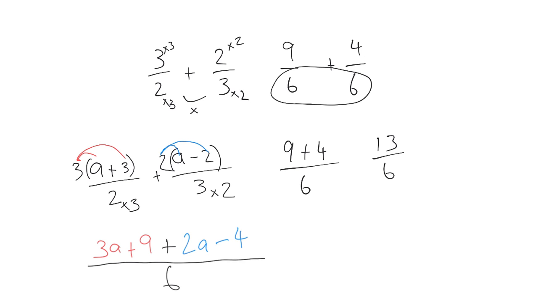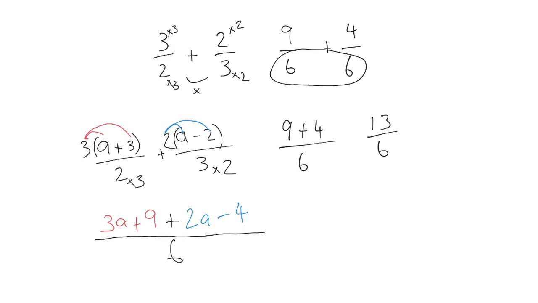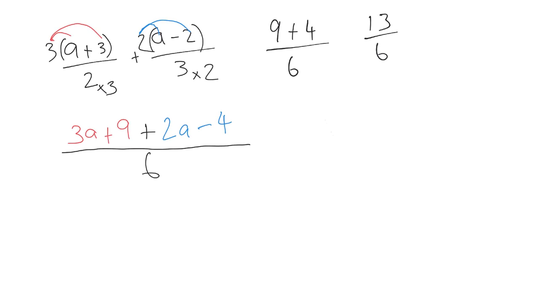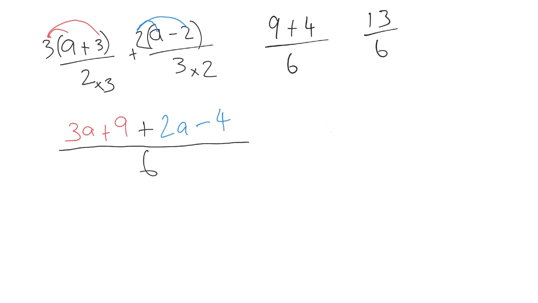And there we have the next stage in our algebraic fraction problems. So let's keep going. From here, our next step, remember earlier on in the video I said we're going to be looking back at combining like terms, and that's what we're going to do now. So our like terms, we know that 3a and 2a are like terms.